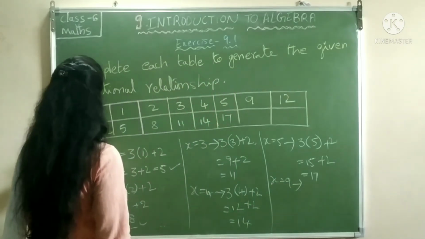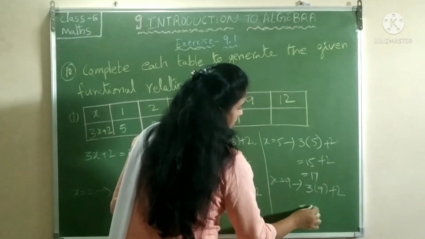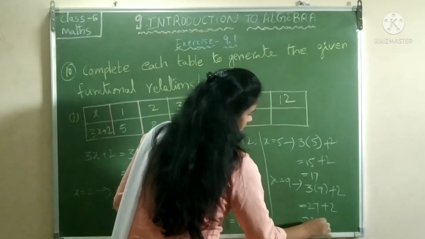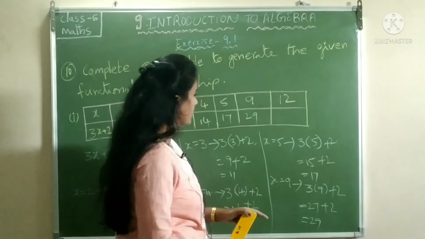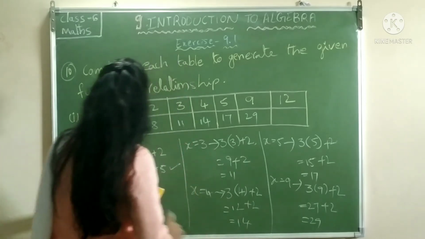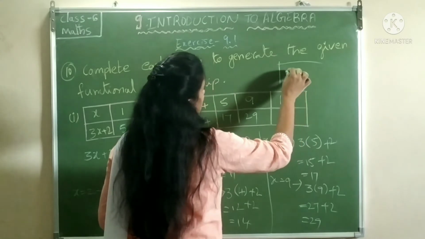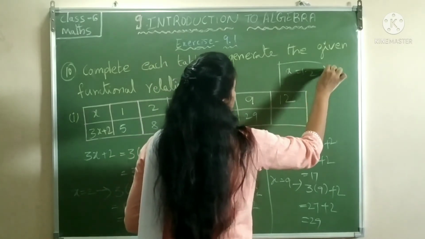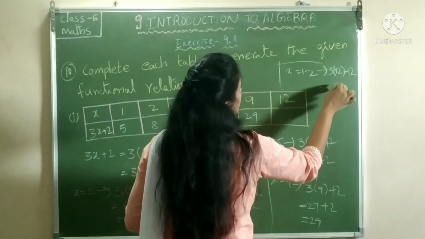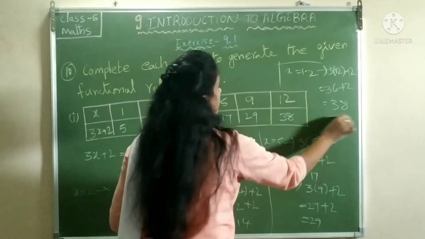Then 3 into 9 plus 2: 3 nines are 27, plus 2 is 29. And if x is equal to 12, then 3 into 12 plus 2: 3 twelves are 36, plus 2 is equal to 38. Right here 38.